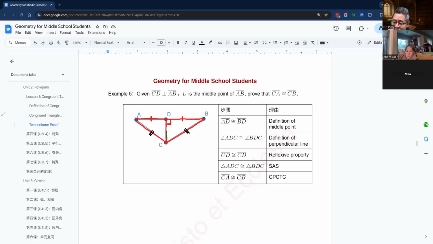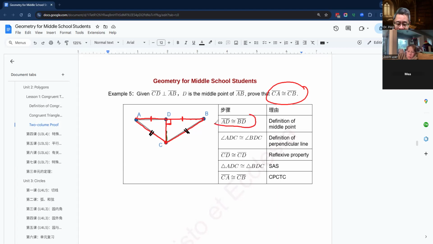Okay, so how do we do that? So far, the reason we try to prove two triangles are congruent is that then, based on that, we use CPCTC to prove that either the angles are congruent or the lines are parallel or lines are congruent. So again, the starting point is what do we know?